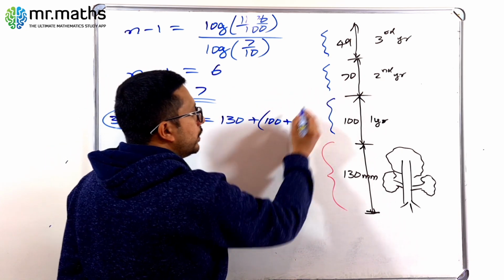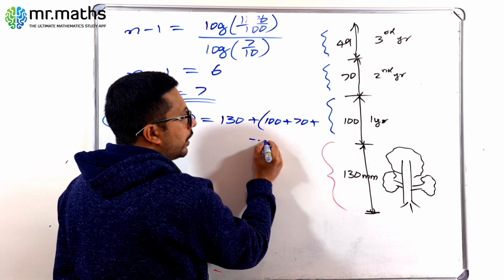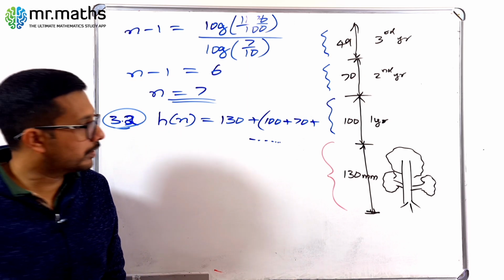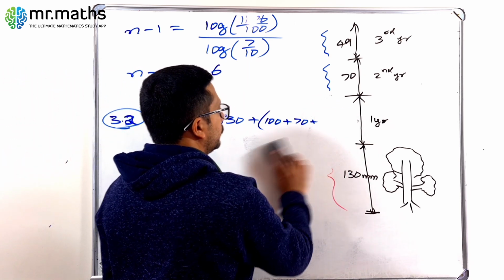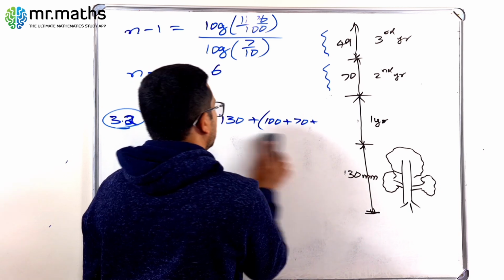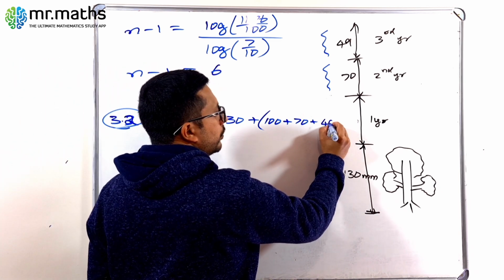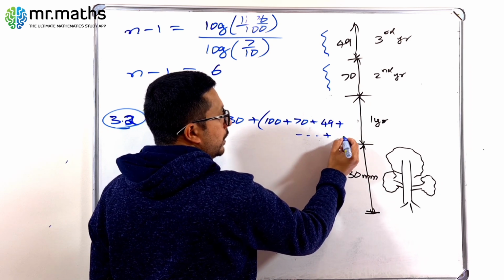Second year, what is the height increase? 70 millimeters. Then etc. Let me write it here itself. Third year it is 49, etc. The height is increasing like that.